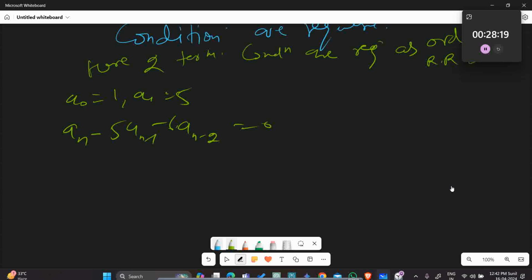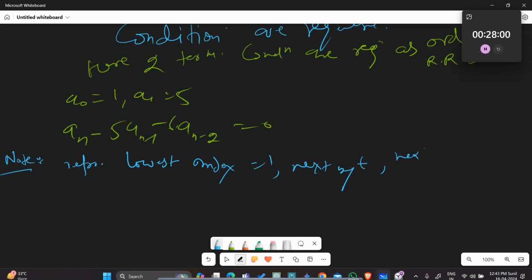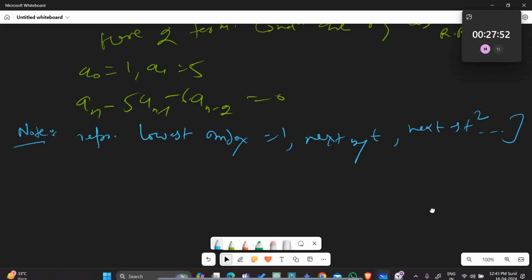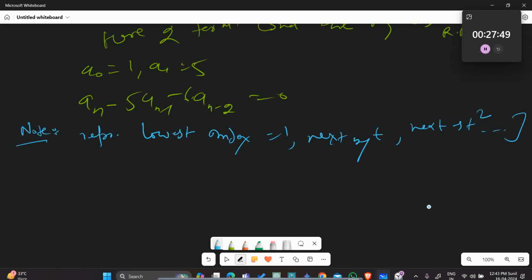Now next step, represent the lowest index as 1, the next by t, the next by t square, and so on. Note this is like t square minus 5t minus 6 is equal to 0. After solving this, t is equal to 3 and 2.